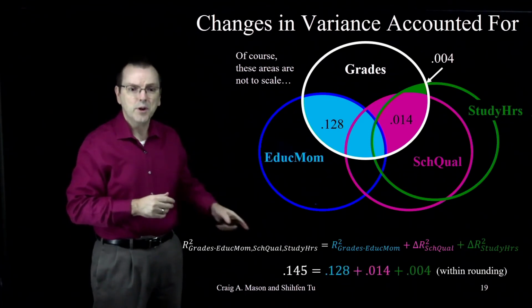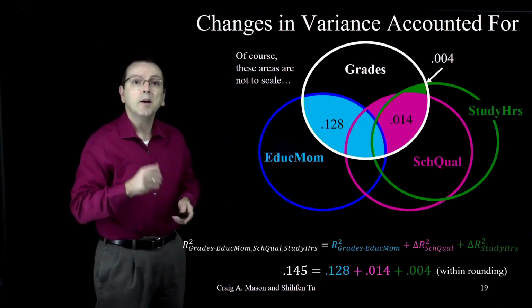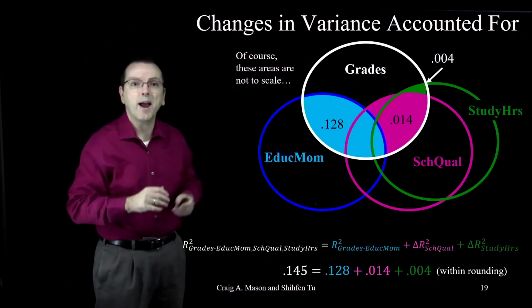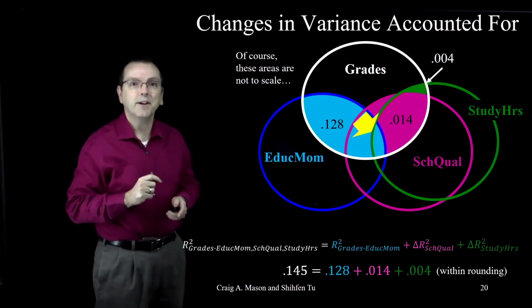This solves to 0.145 equals 0.128 plus 0.014 plus 0.004, again within rounding.